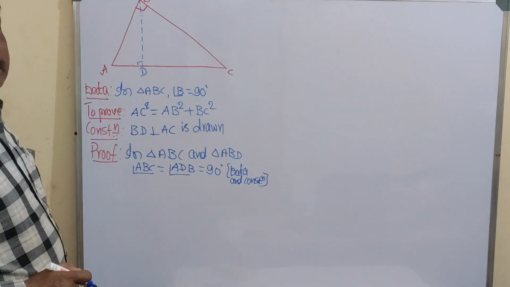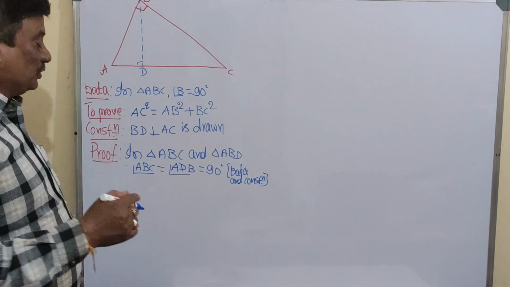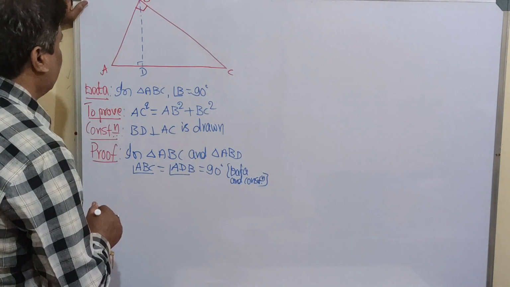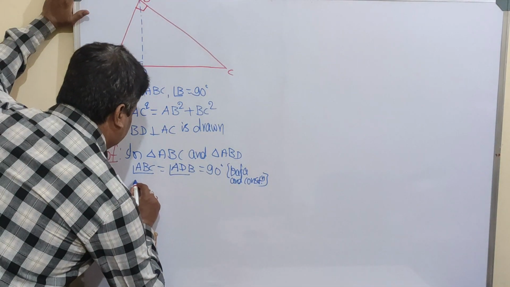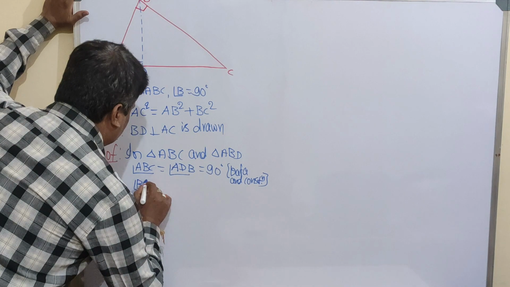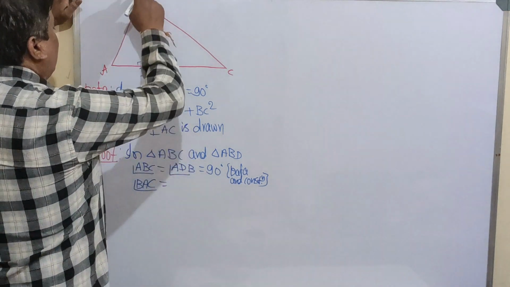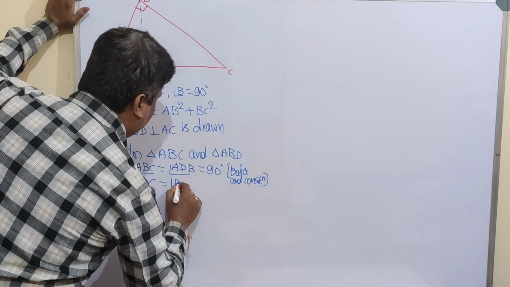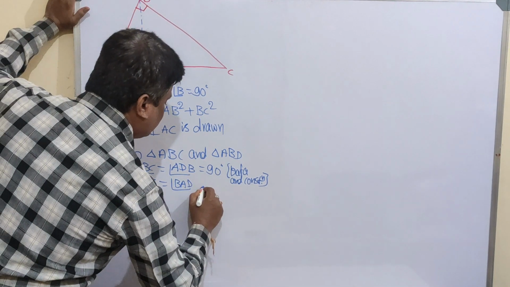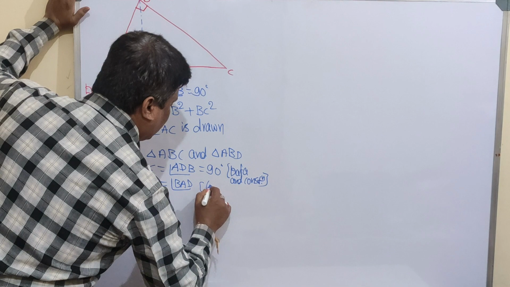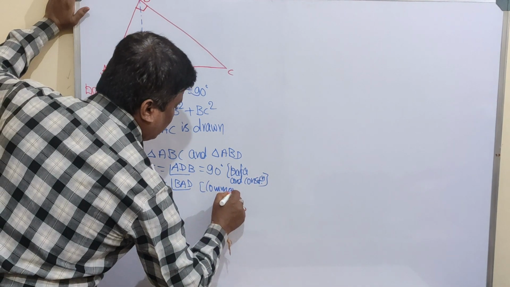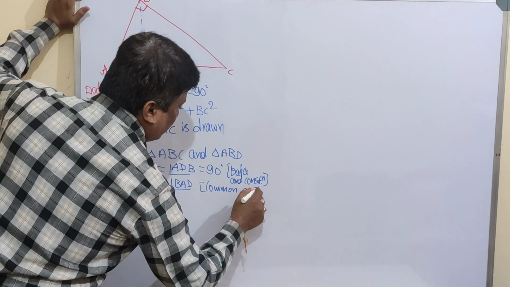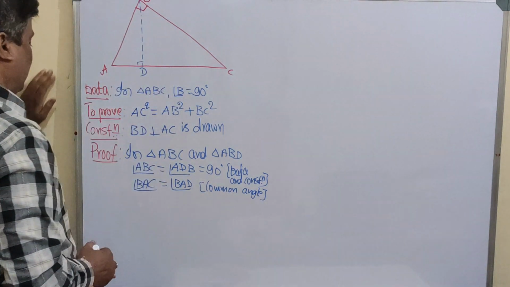And this angle is common to both the triangles, that is angle BAC is equal to angle BAD. It is because of the common angle.